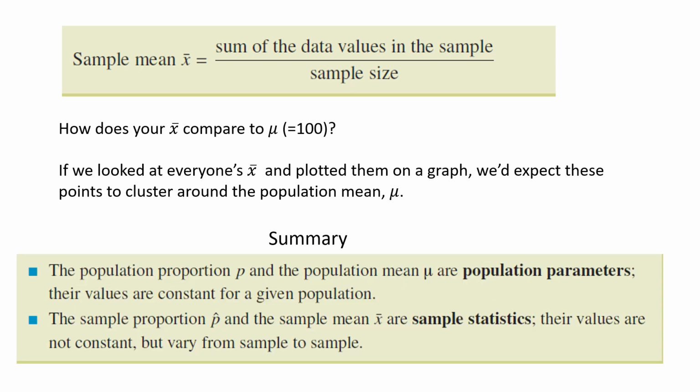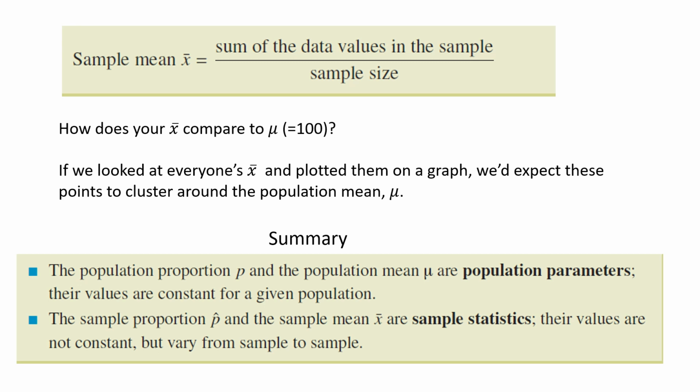So in summary, the population proportion P and the population mean mu are what we call population parameters. In the ABC example, we could actually determine their values definitively, but in most cases of sampling and statistics, we can't possibly go around and survey everyone or measure everything in order to work out those population parameters.